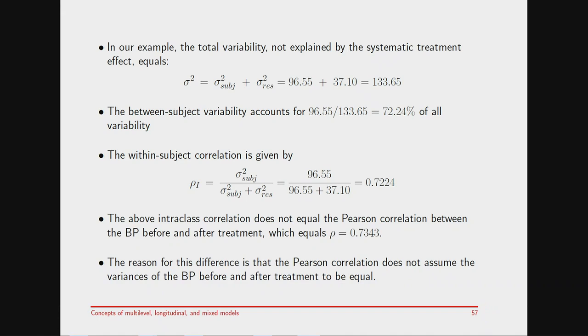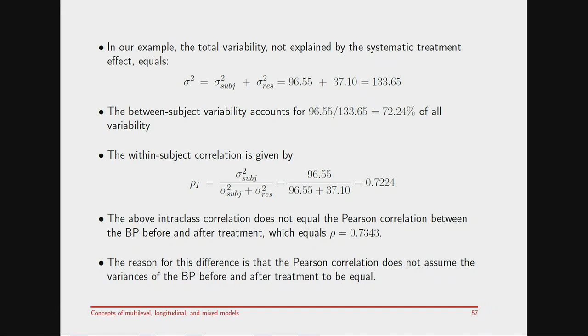Where does that come from? Well, there's one difference between the model that we use here and what you do in the Pearson correlation coefficient. When you calculate the correlation between two variables, you don't assume that these two variables have the same variance. You can calculate the correlation between height and length, and of course you would not assume that height has the same variance as the length of all the people.